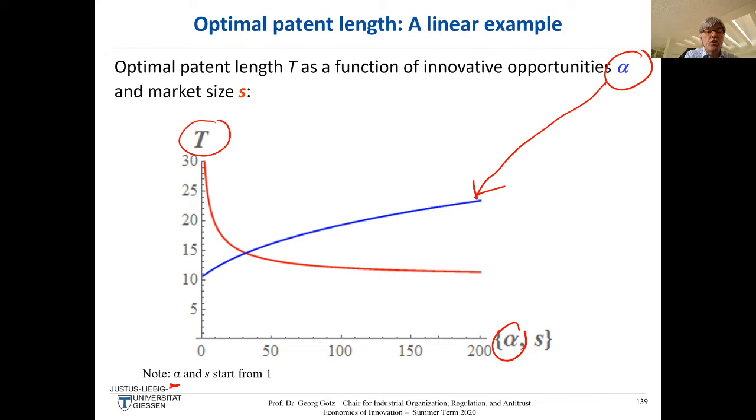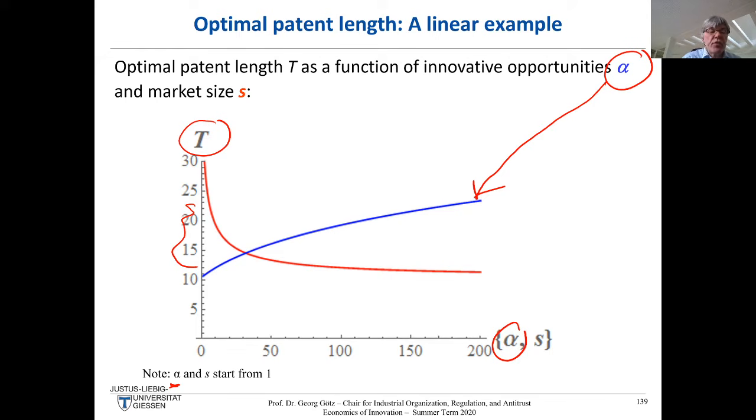That should be rather clear. At the same time, what is interesting is that it's in a rather small range. Here the costs increase 200-fold, from 1 to 200, and remember our R&D cost R of x was alpha times x squared. So it increases 200-fold, but the optimal length just increases from 10 to, say, 25 years.